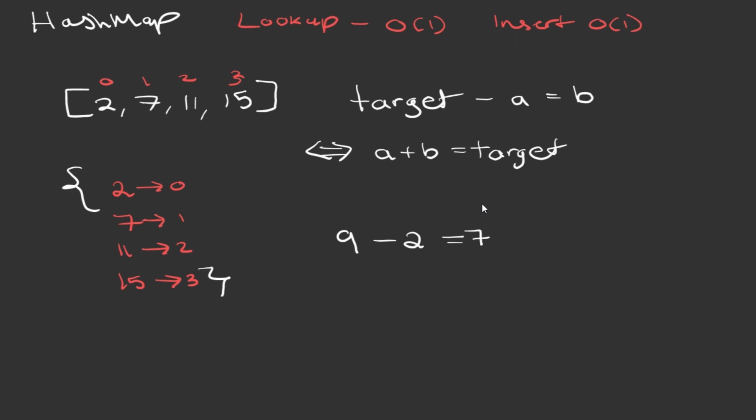So we know that this is exactly the pair that we're going to return. And while we're going through the for loop, we can just return the i and the element that 7 is mapped to, which is the index here, 1. So this is going to be exactly equal to 0, 1.